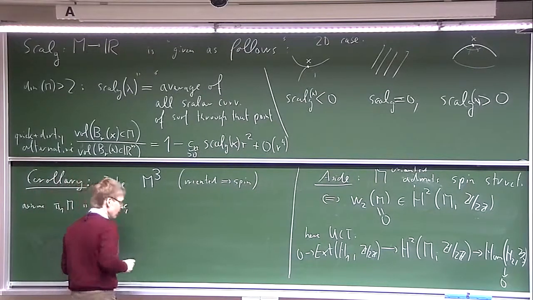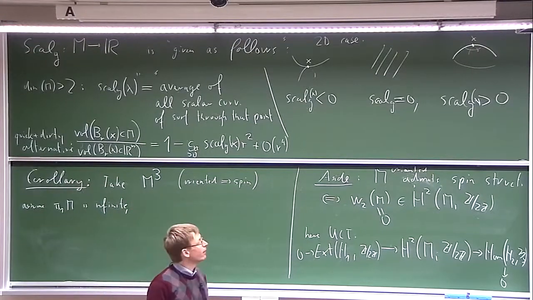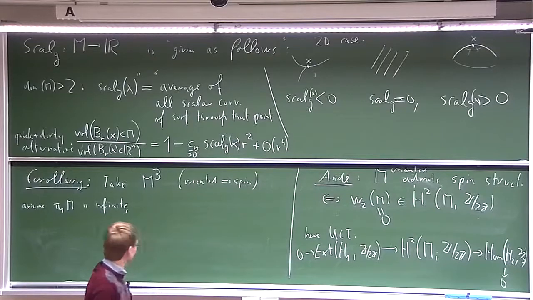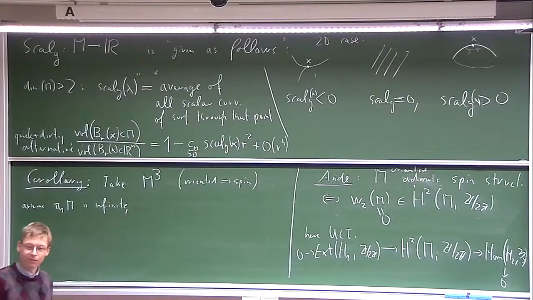And now we're looking for a codimension 2 submanifold, which in dimension 3 means a one-dimensional submanifold. So, Manfred, do you have an idea for a one-dimensional one? I have no idea. Sorry. Yeah.